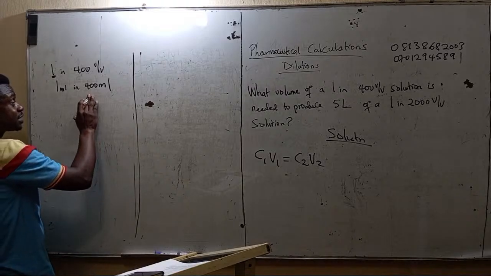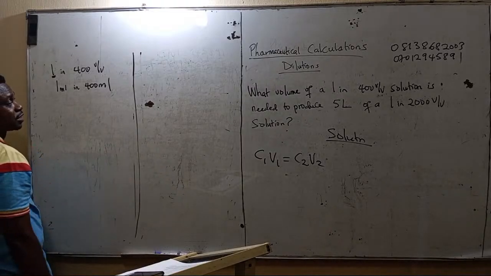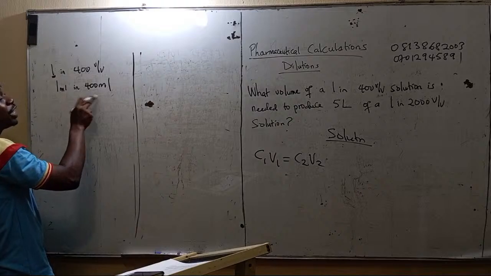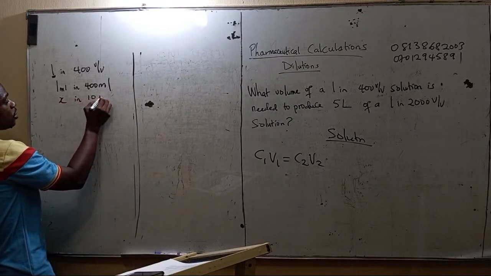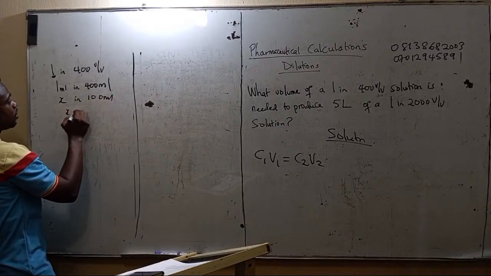So to move it to percentage strength, we now find how many ml will be in 100 ml. We call it X. X will be in 100 ml.